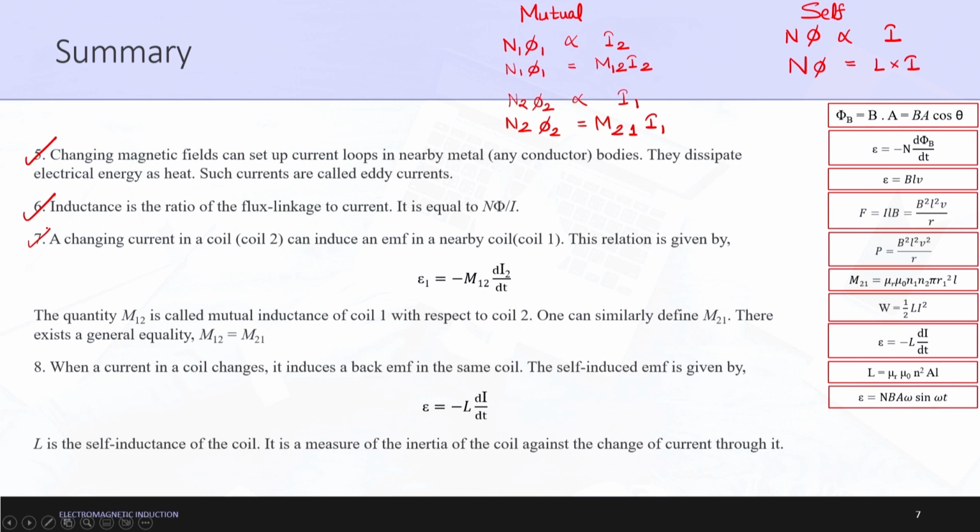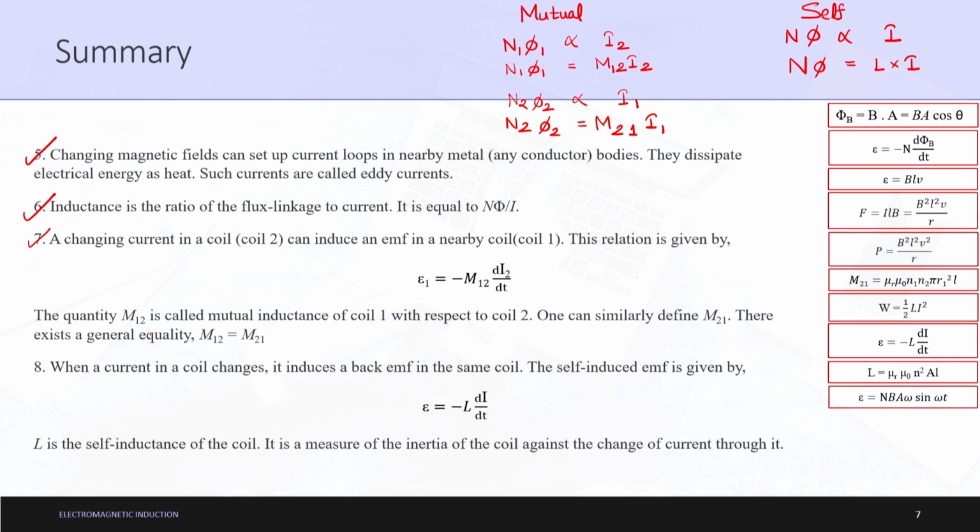For now the formula is important to us, that is epsilon 1 is equal to minus M12 di2 by dt. What does epsilon 1 mean? It is the EMF produced in coil 1, there is no other significance of 1 here. It is the EMF produced in coil C1 due to the change in current with respect to time of coil C2. And what does M12 mean? M12 is the mutual inductance of coil C1 with respect to coil C2.